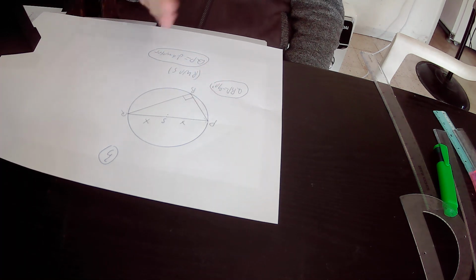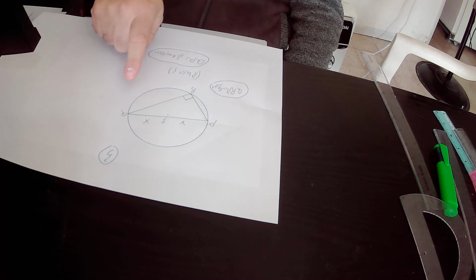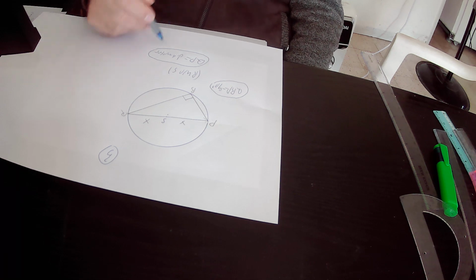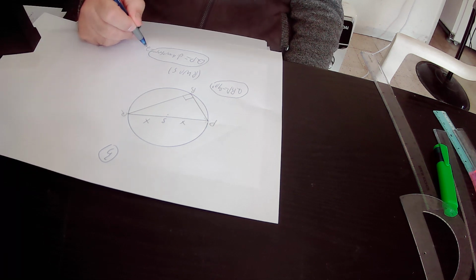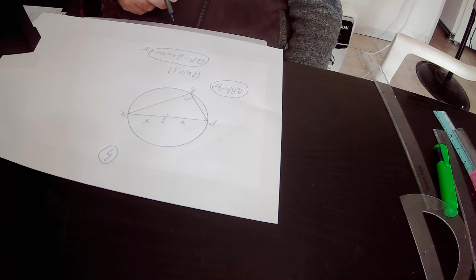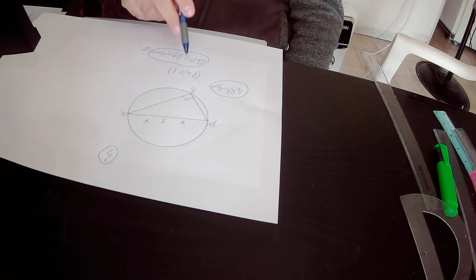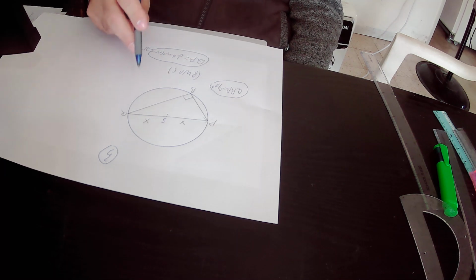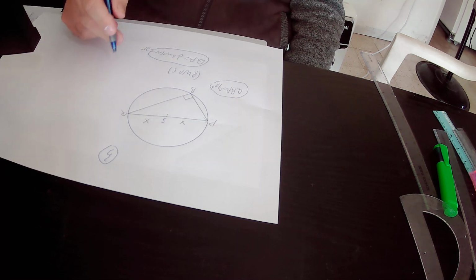So if we define the radius of this circle as R, then the diameter QP must be equal to 2R. So from one side, the diameter QP equals 2R. From the other side, it equals 2X.